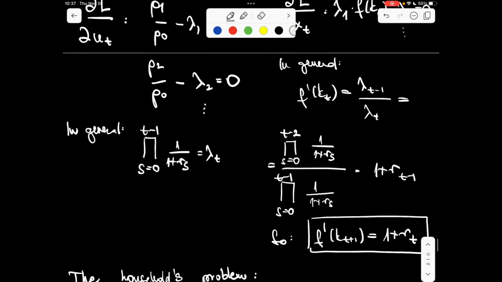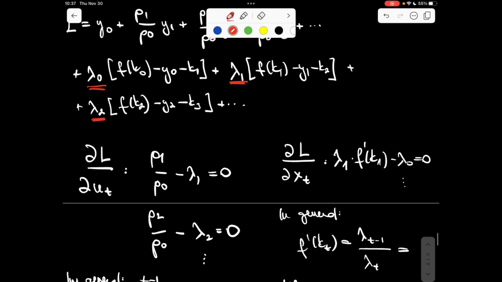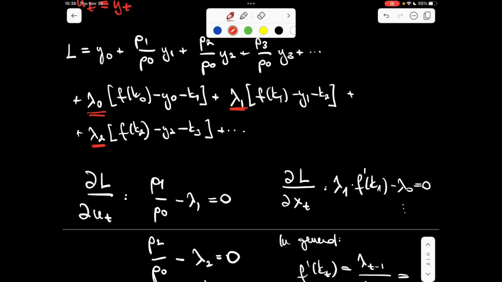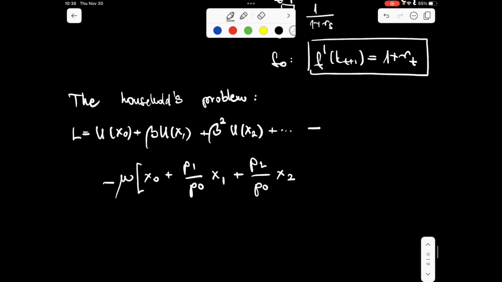So this is the reason why we had distinct multipliers to any periods, because the firm's problem is a series of static problems, but the household's problem is a dynamic problem.